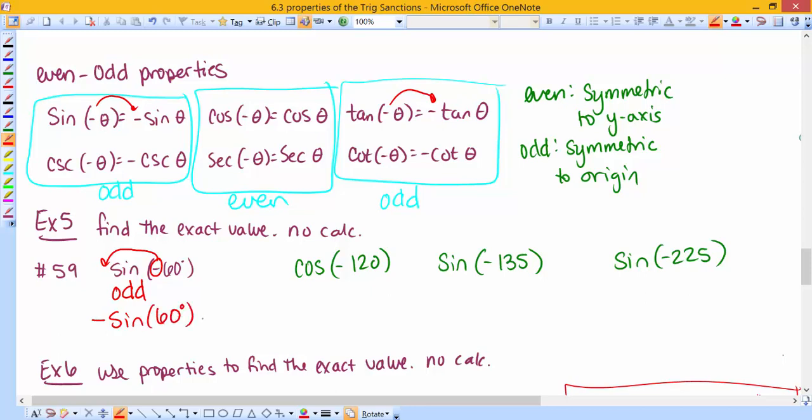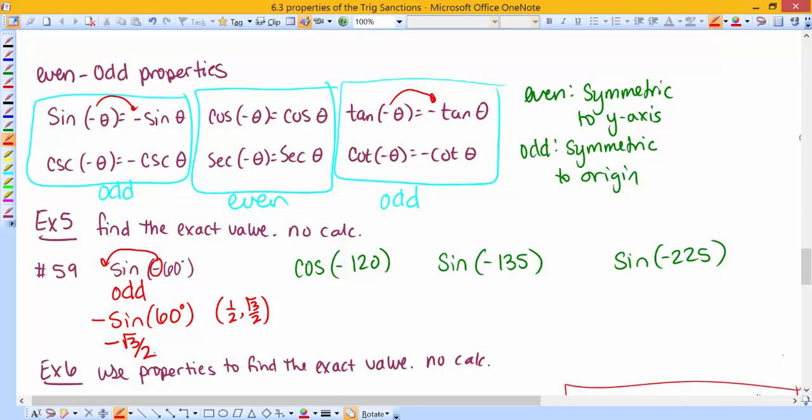That is so much easier to deal with. The sine of 60 degrees. Look at your unit circle. The rectangular coordinates at 60 degrees is 1/2, root 3 over 2. You need to remember sine is the y value. So this negative sine of 60 degrees is negative square root of 3 over 2.